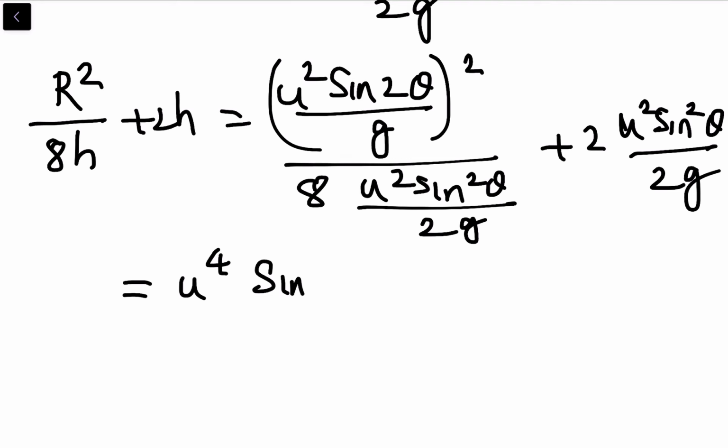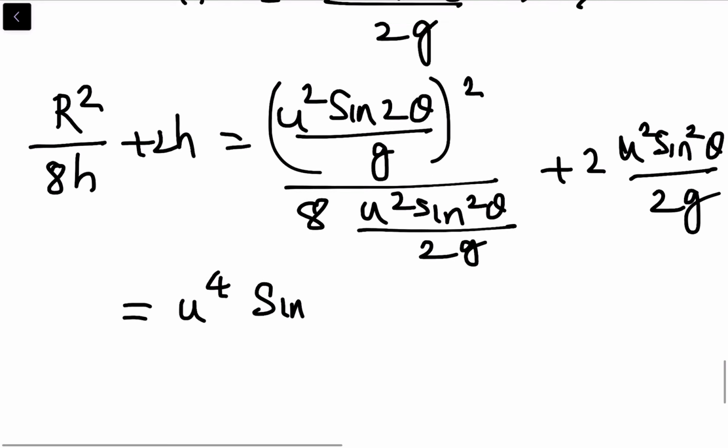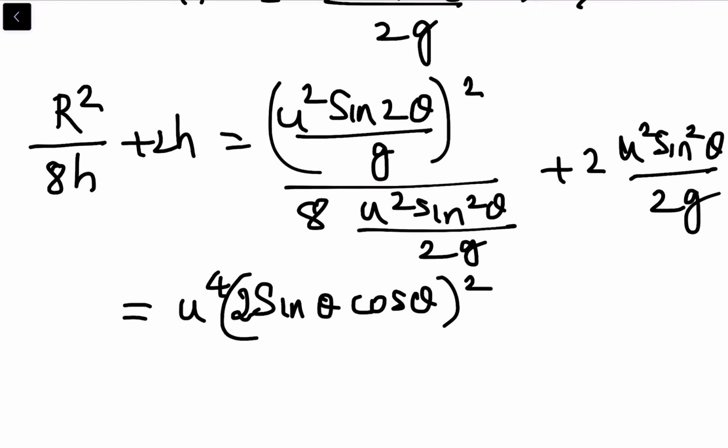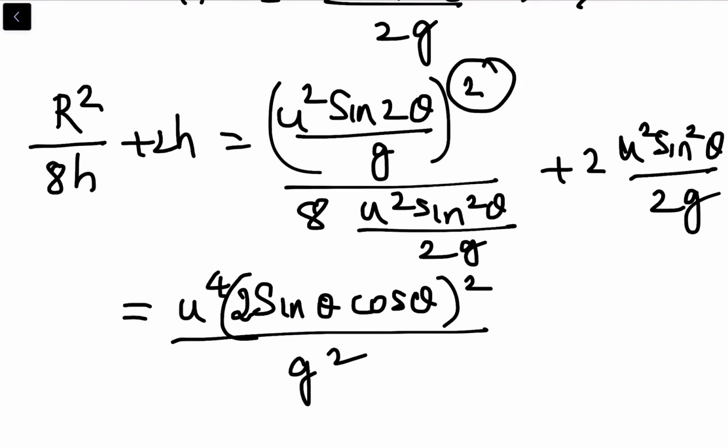Sine 2 theta means, I just told you already, according to trigonometry, 2 sine theta cos theta. That is sine 2 theta whole square divided by g square, because for everything we have square here, so g square.